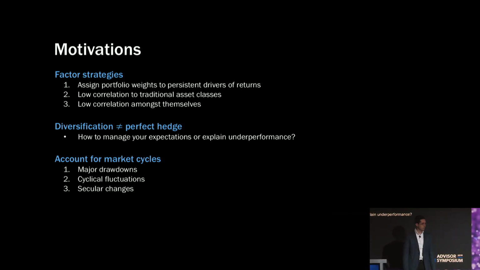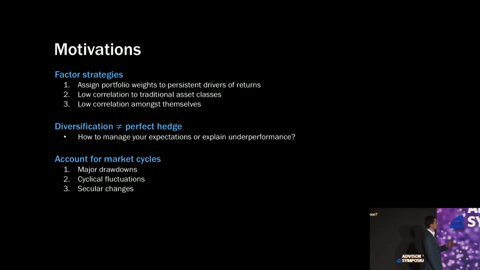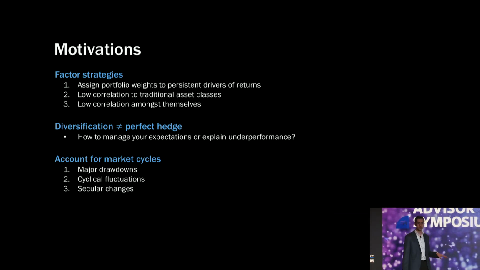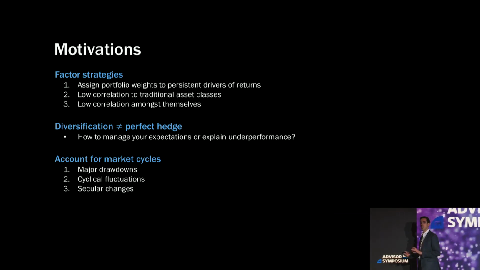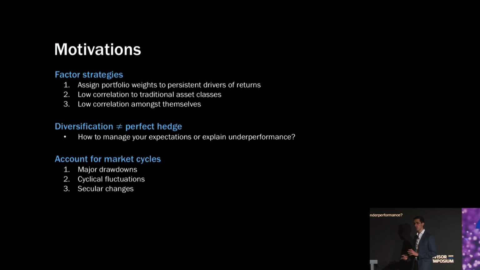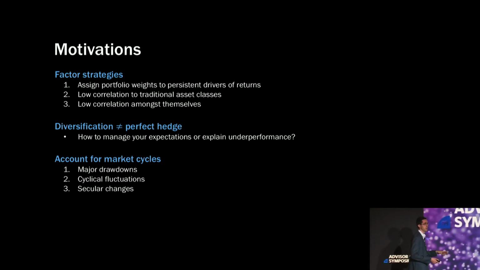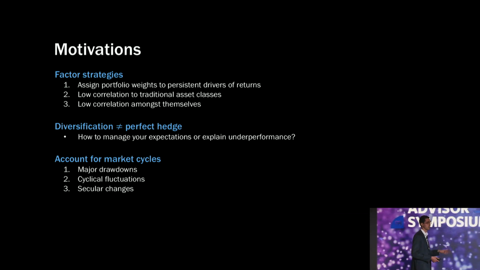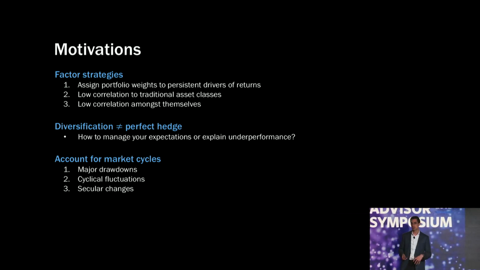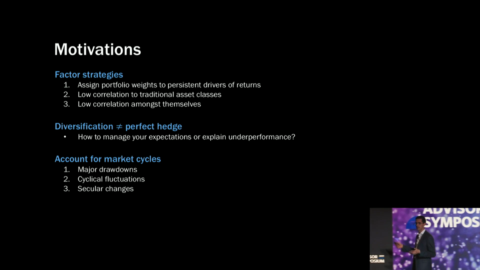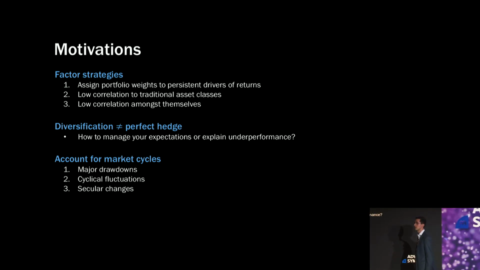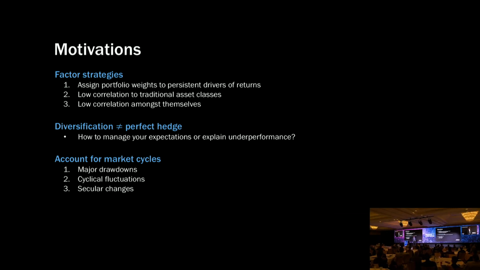And to make my point, I'm going to be looking at three types of market cycles. The first type of market cycle is very sharp. It's very brief. Let's call them bear markets. I'm going to be focusing on major drawdowns of the S&P 500 and look at how factor strategy performed during those times. Then I'm going to open up the horizons a little bit. So I'm going to be looking at market cyclical fluctuations, similar to business cycles.